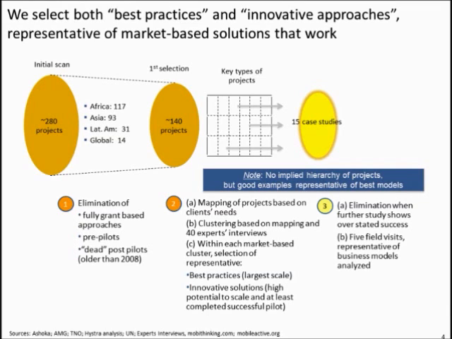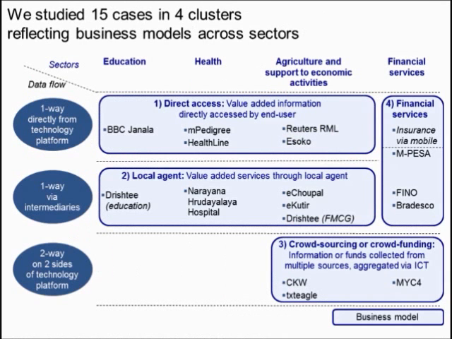So that way we ended up with 15 case studies, and we did 5 field visits to analyze the business models that were really representative. In this way, we ended up with the 15 cases in 4 clusters.